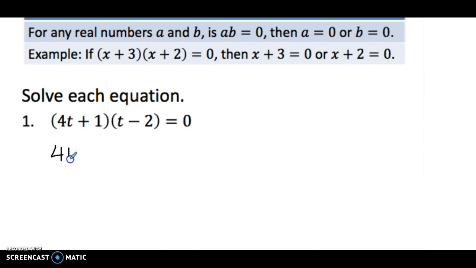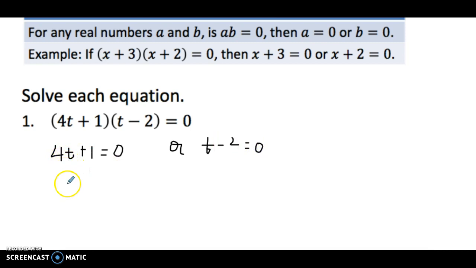4t plus 1 equal to 0, remember, or t minus 2 equal to 0.